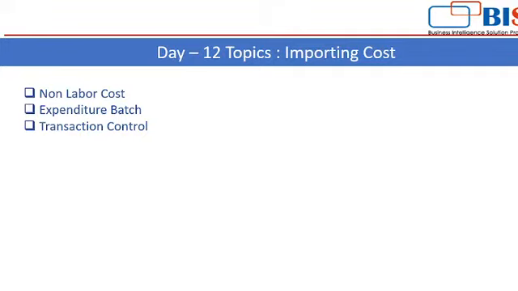So let me give you one example. Say we have one equipment in our organization and our projects are using that equipment for their business purpose. Now how you will distribute the cost of that equipment to the different projects?